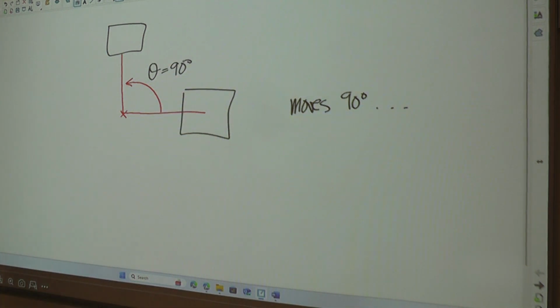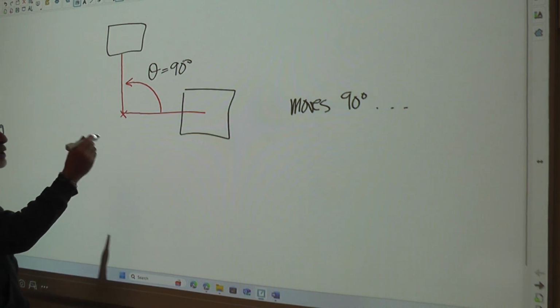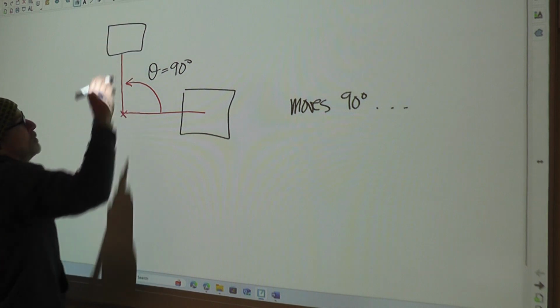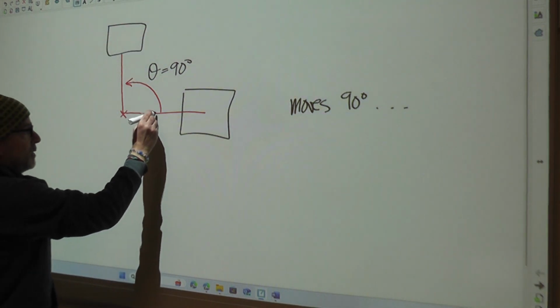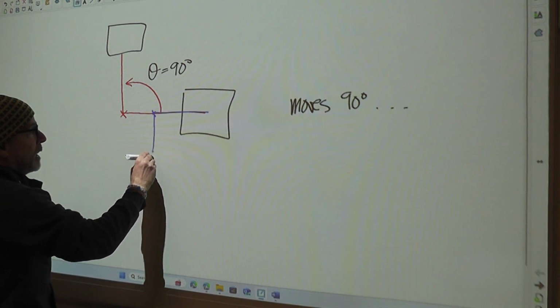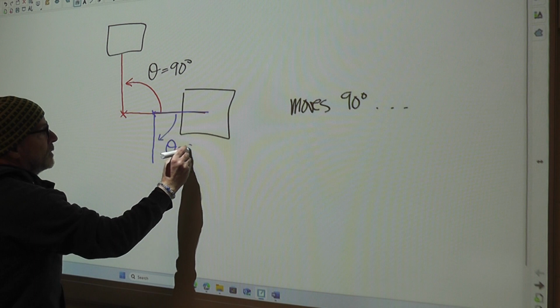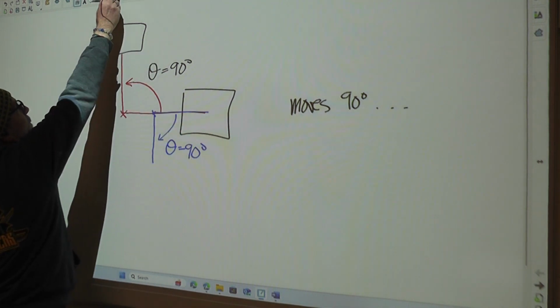If it were following a different circular path, like we could talk about this being the center of the circle, in which case this would be 90 degrees. This is 90 degrees in the opposite direction.